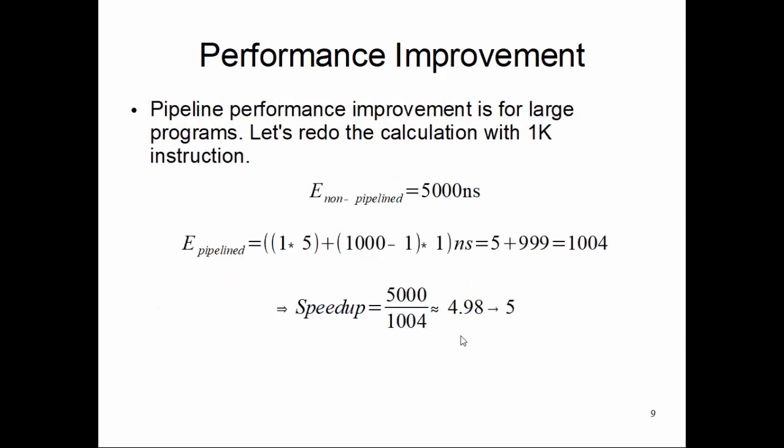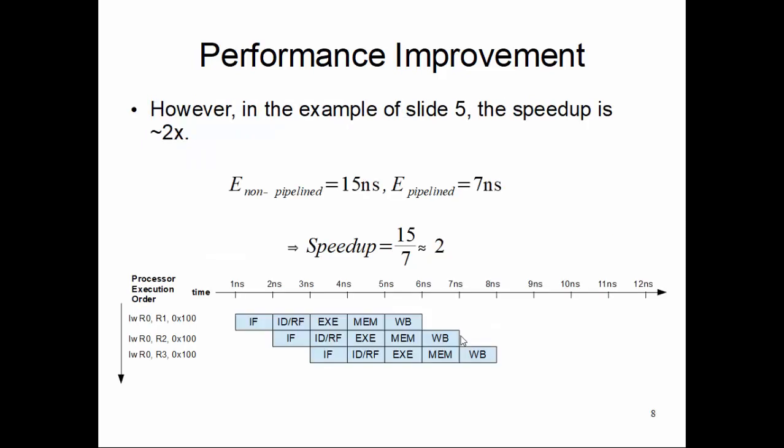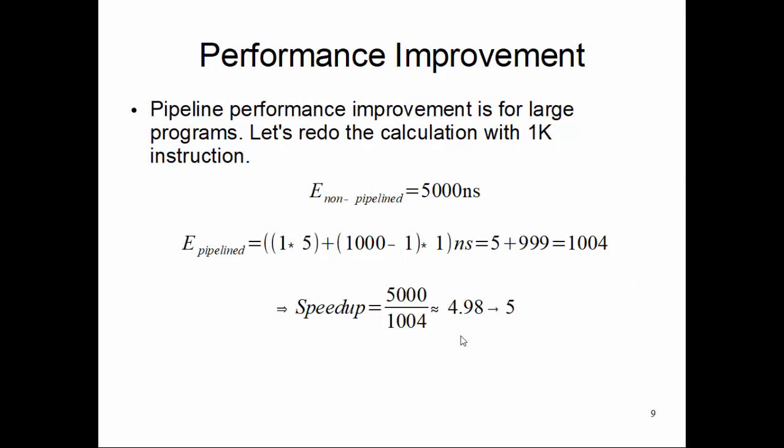Now take a larger number of instructions. Instead of 3 instructions in our scenario, take 1000 instructions. Not 1024, let's take it as 1000. So we are looking at 5000 nanoseconds for the execution time on the non-pipelined circuit.